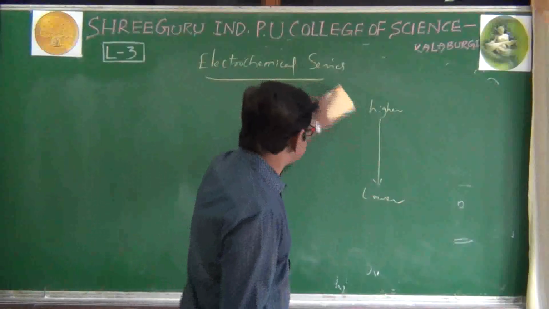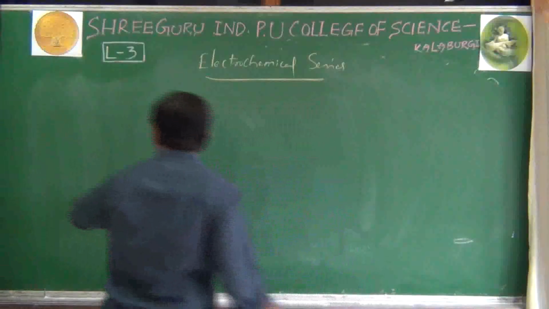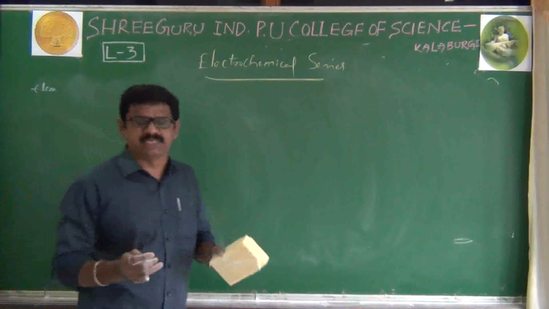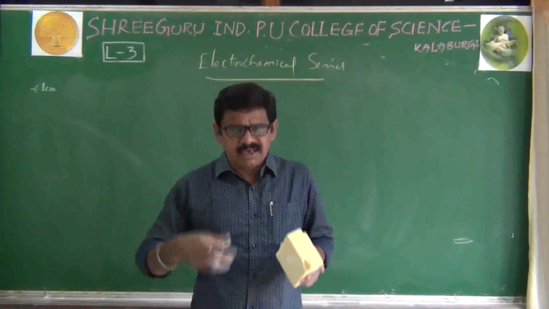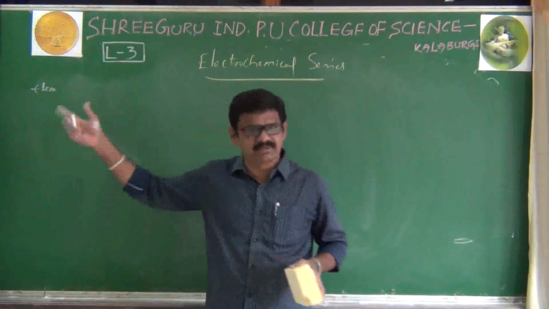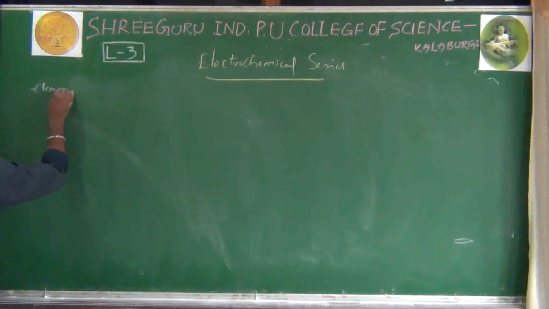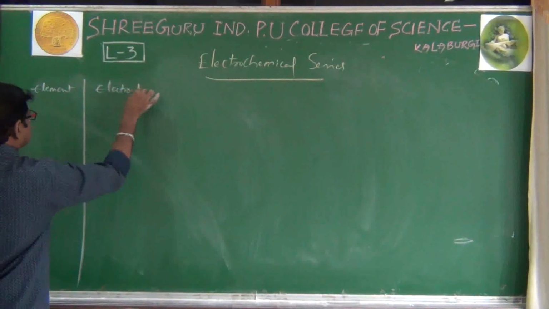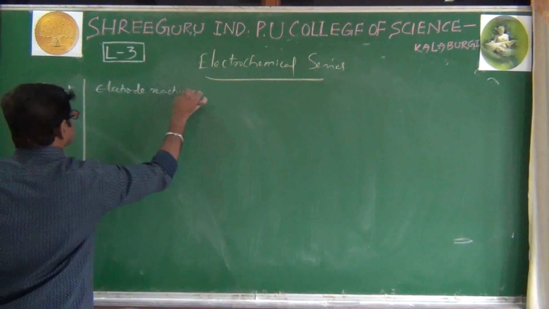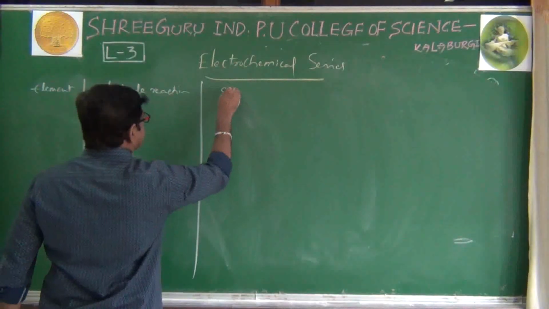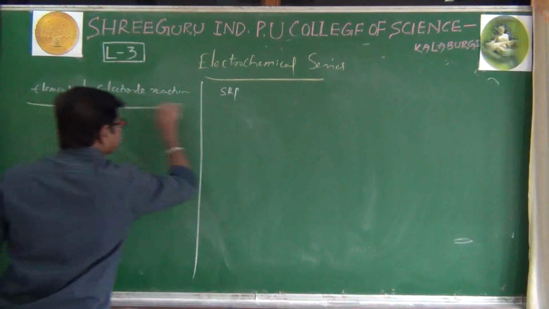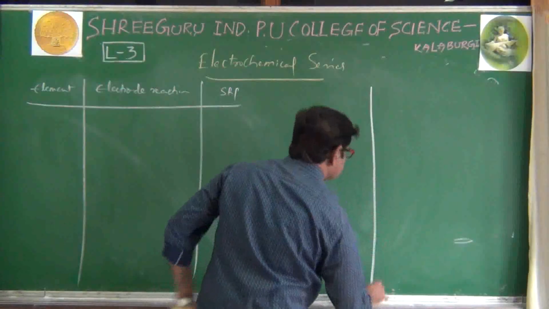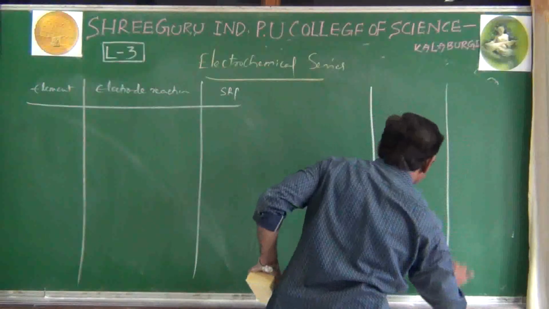Now I'll take here the element, its electrode reaction, and its concerned SRP value. Here I am not giving all electrodes, only regularly repeated electrodes. And here also we will take 3 columns because we will continue the electrodes.